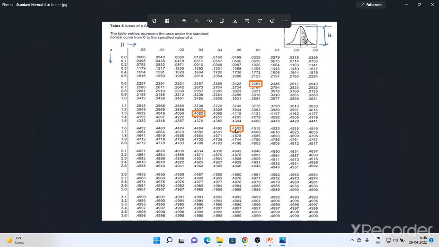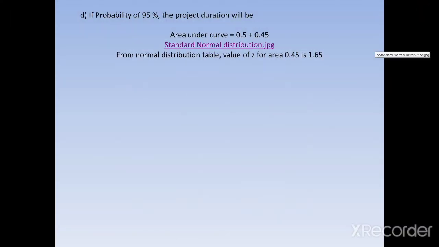The Z value for this 0.45 is 1.6 on the row and 0.05 on the column, so the Z value is 1.65. So from the normal distribution table, the value of Z for the area 0.45 is 1.65.